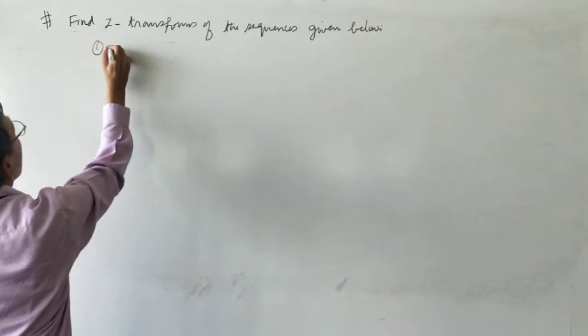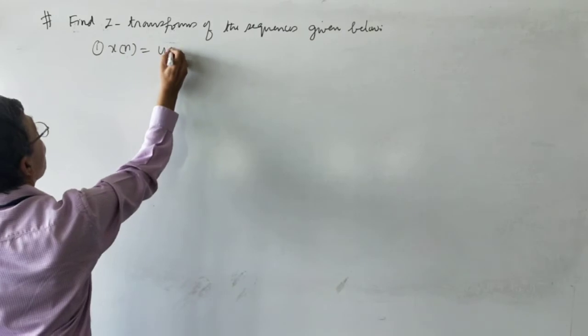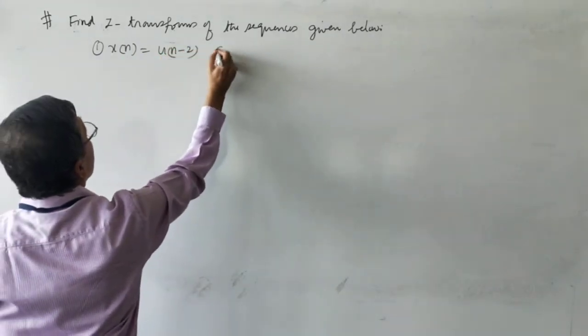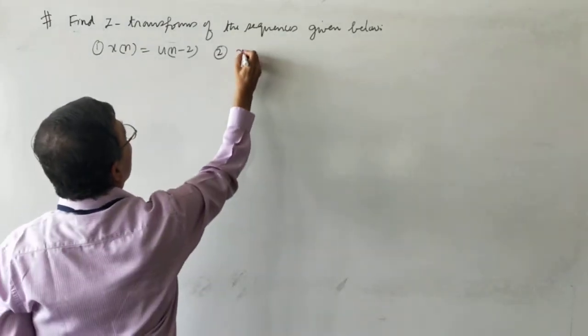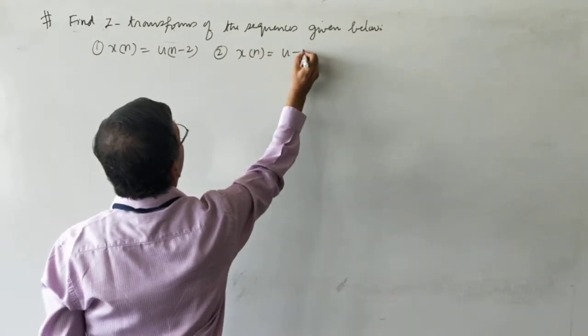First one, x of n equals u of n minus 2. Second one, x of n equals u of minus n.